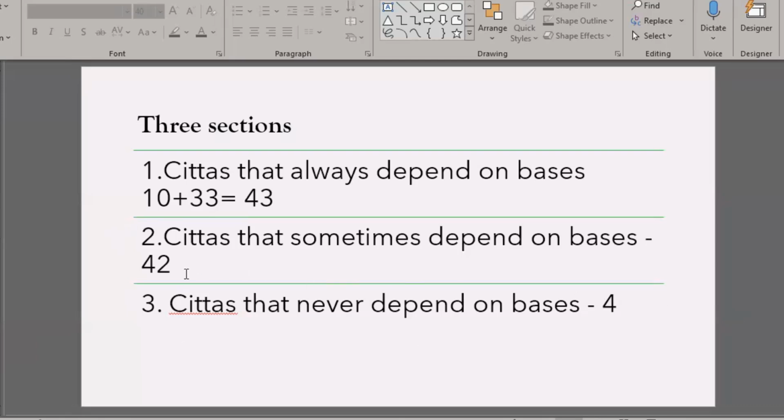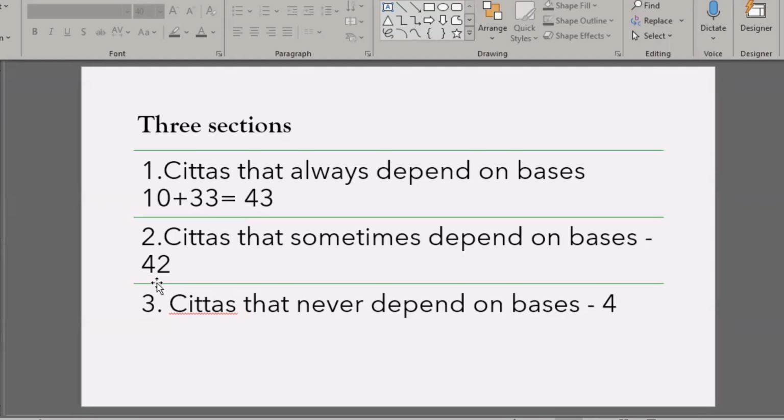Then the remaining 42 chittas sometimes depend on bases. That means when those 42 chittas arise in Arupavachara realm, they do not depend on bases because they do not have Rupa. When those 42 chittas arise in Kama realm and Rupavachara realm, they depend on heart base.